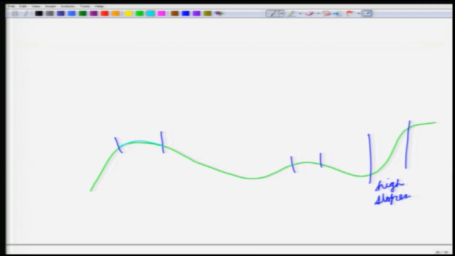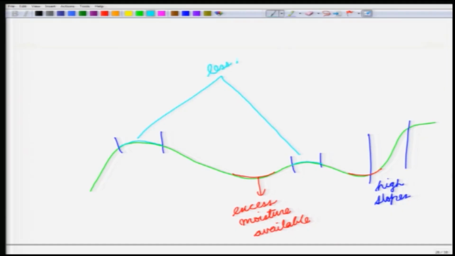So, here you will have a very different species as compared to these species which are there on the valley floors, because in this point you have an excess moisture that is available, whereas in these points you have less moisture available. So, while doing the pre-planting survey, you will also have a look at the topography of the area to decide which species should be planted in which areas.